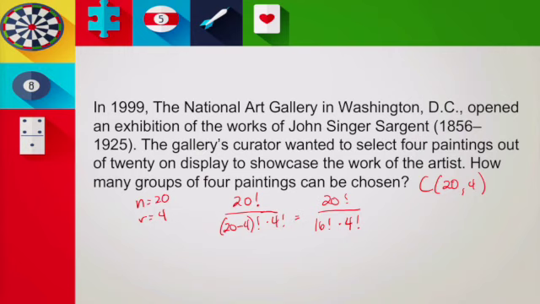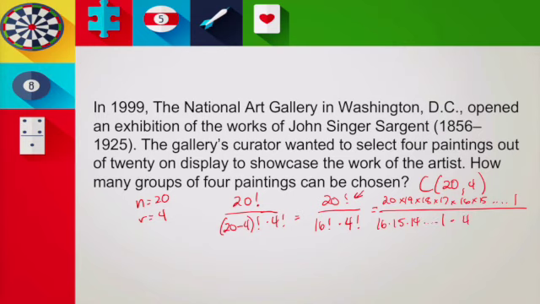And so at this point, you could use a calculator, or we can simplify this a little bit, right? 20 factorial is 20 times 19 times 18 times 17 times 16 times 15, and so on, all the way down to 1. And 16 factorial is 16 times 15 times 14, all the way down to 1.